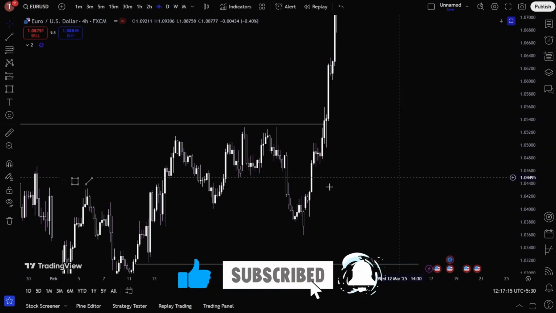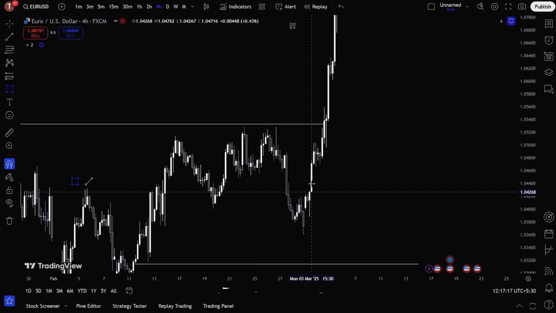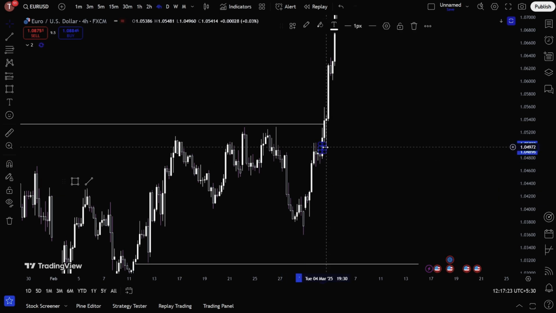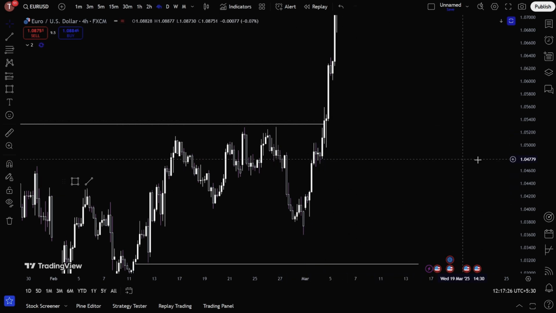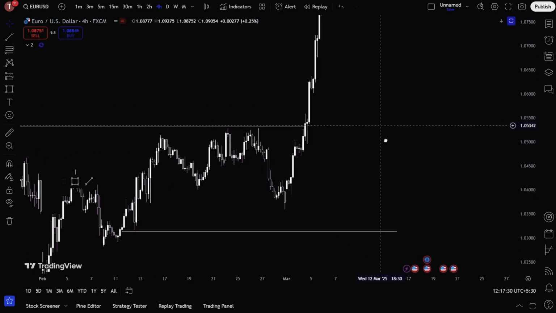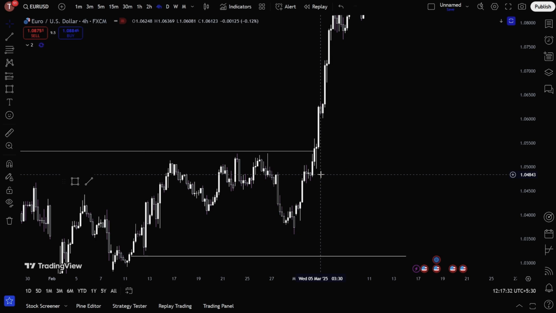I saw this FVG being respected by the market, and then again the price moved to take the inside liquidity, but the strength was too much for the price to push back and respect this FVG, and we get a close above here too.